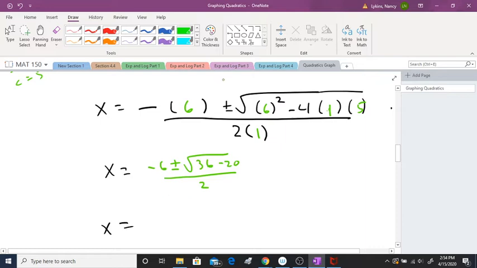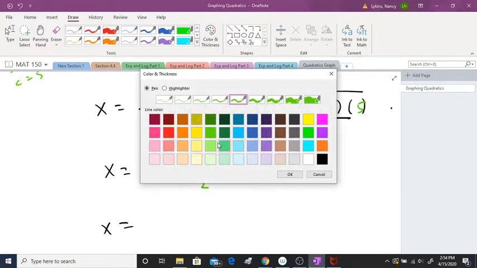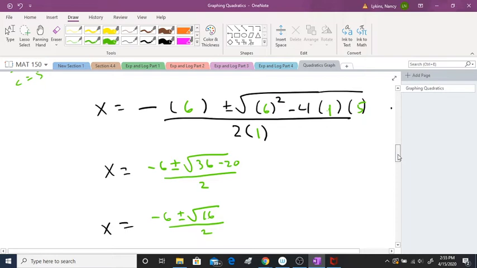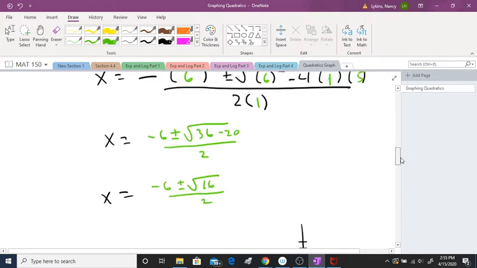So then I can say negative 6 plus or minus the square root of 36 minus 20 is 16, over 2. Which comes out to be negative 6 plus or minus, okay, the square root of 16 is 4.